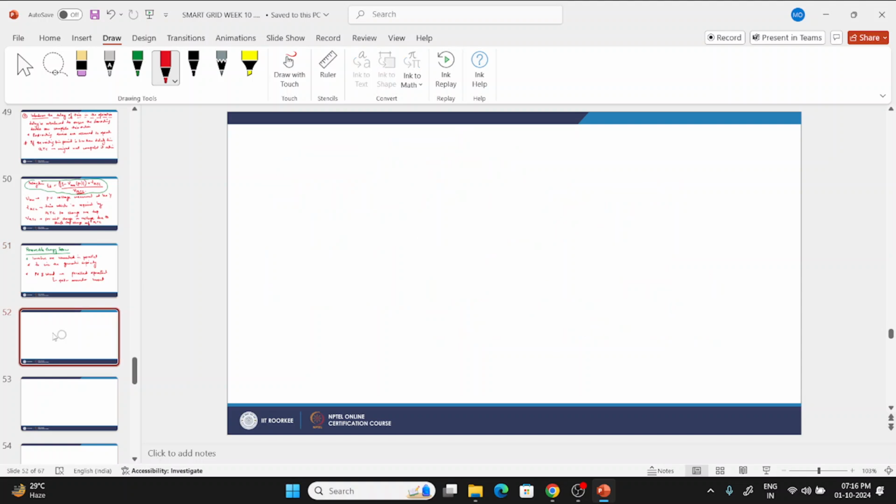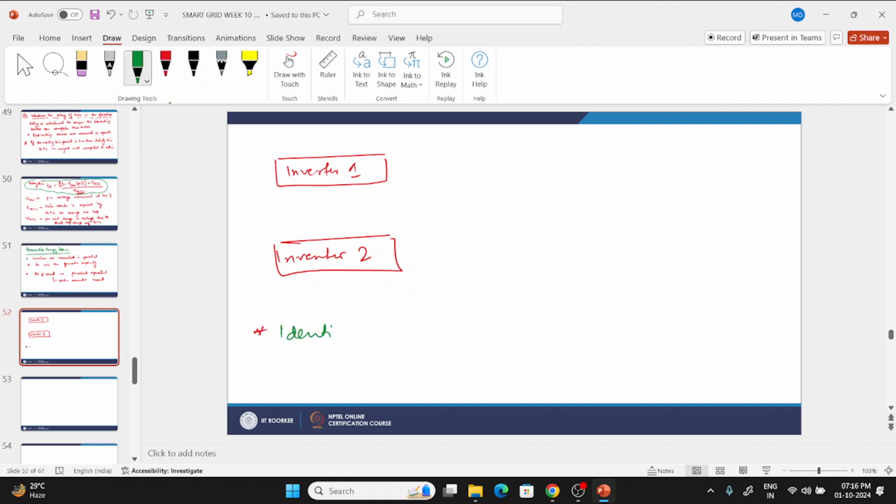अब जब एक पैरेलल का ऑपरेशन होता है, तो let's say there is inverter 1 over here. Let's say there is another inverter, two inverters are connected, and both these inverters have identical parameters. ठीक है. Now they are connected like this.